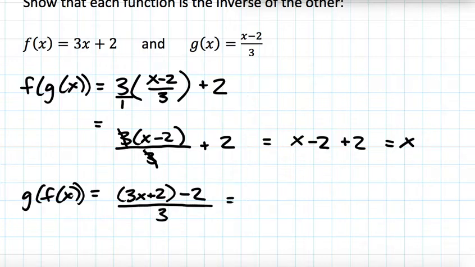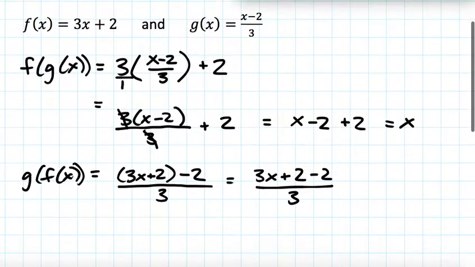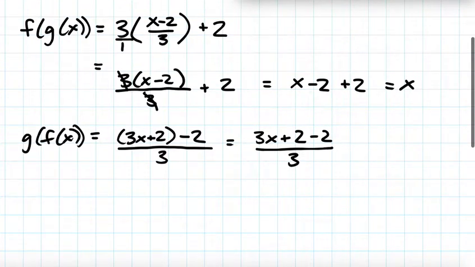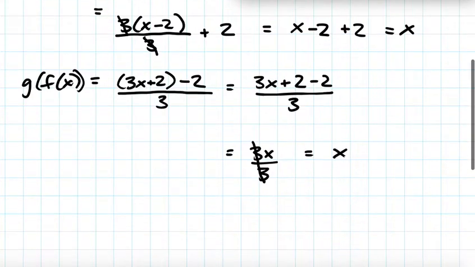Now what I have here is 3x plus 2 minus 2 over 3. And 3x plus 2 minus 2, those cancel out, so that's just 3x. So 3x over 3, and then the 3's cancel out, so that's just x. So because I got x for both of those, that means that the functions are inverses.